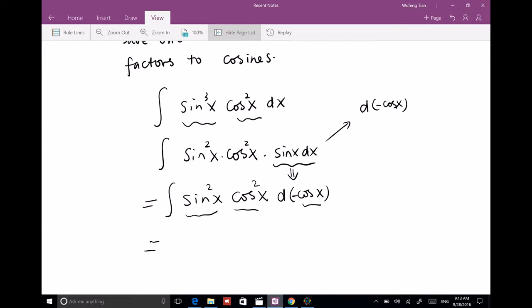Lacey, what do you think I can do here? This is cosine, this is cosine. If I do u substitution, I can do u square here, and I can do a du here. But what about this one?